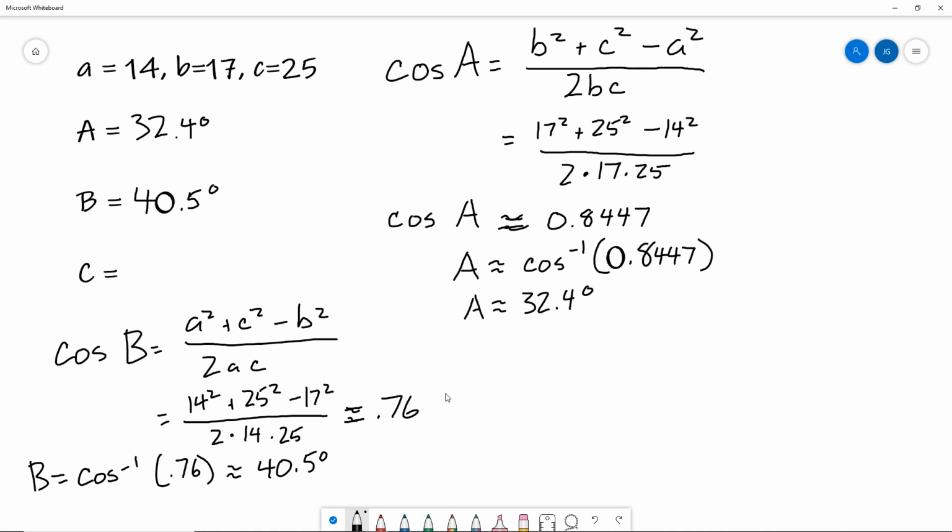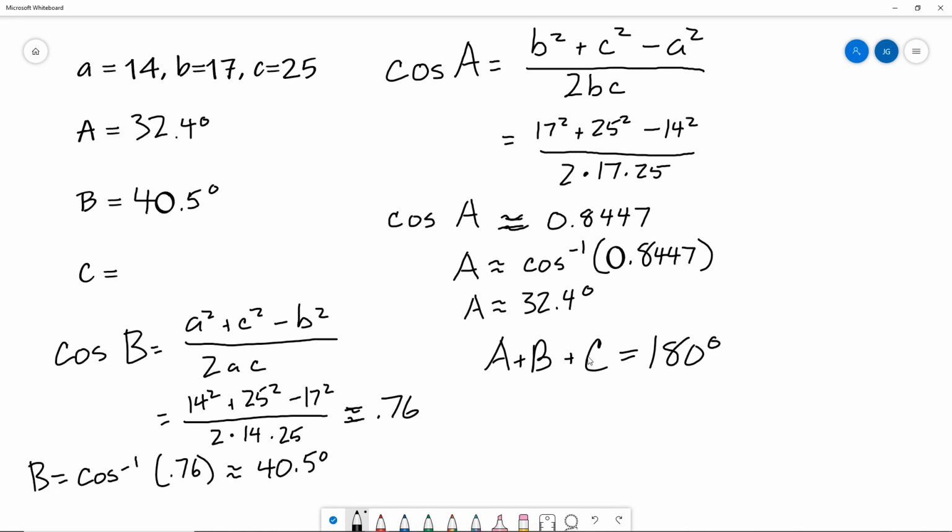And the main thing that we have to always remember is that A plus B plus C has to equal 180. If you give me answers of A, B, and C that don't sum up to 180, even if you used the law of cosines to figure out each of these individually, that is not a triangle, right?